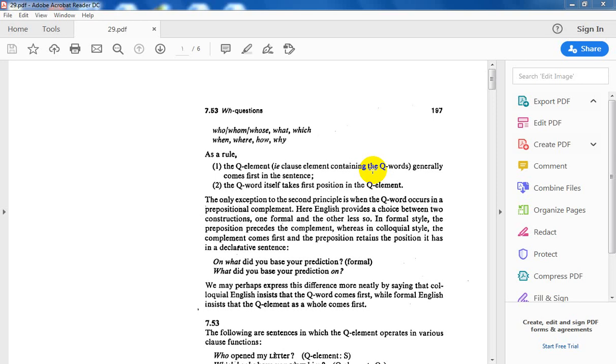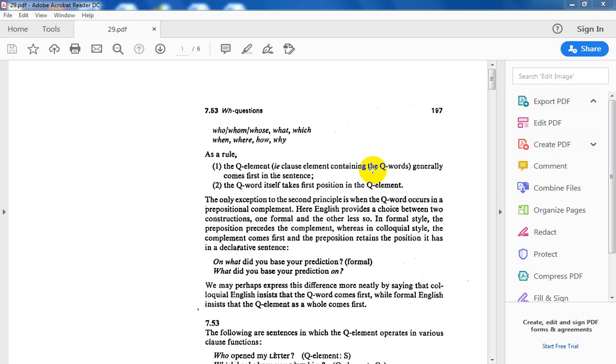We have discussed the yes-no question, which challenges the validity of the whole sentence, whether to reject or accept it. The second category of interrogative is the WH questions.